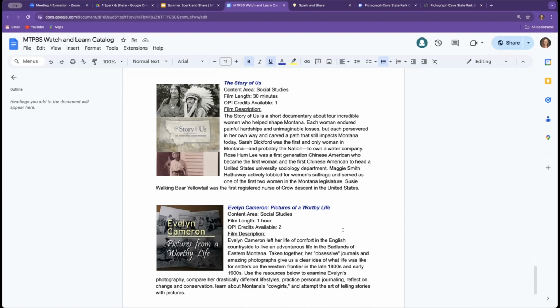But if they're approved for Step Up, I think it's a pretty good bet that they would be fine for trade. It just has to officially go through a committee now. And make sure when you put it in your stuff that you call it Montana PBS Watch and Learn.